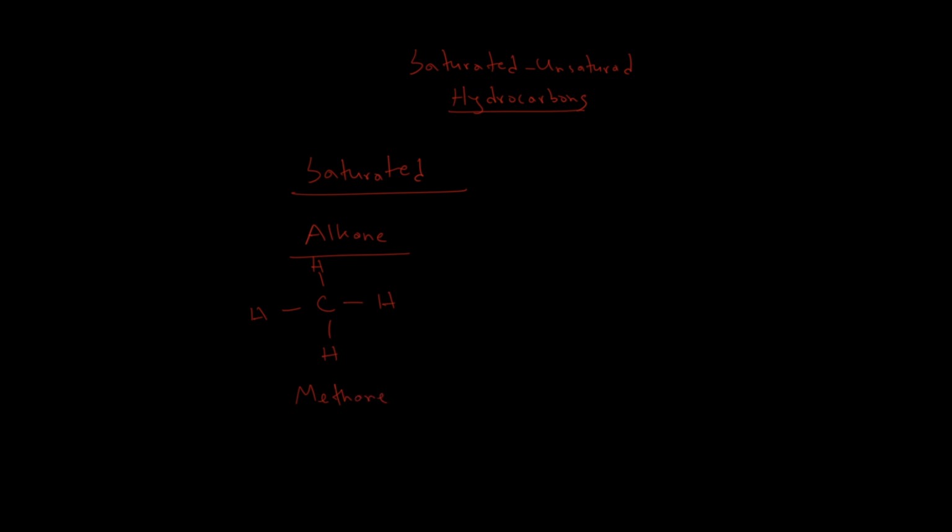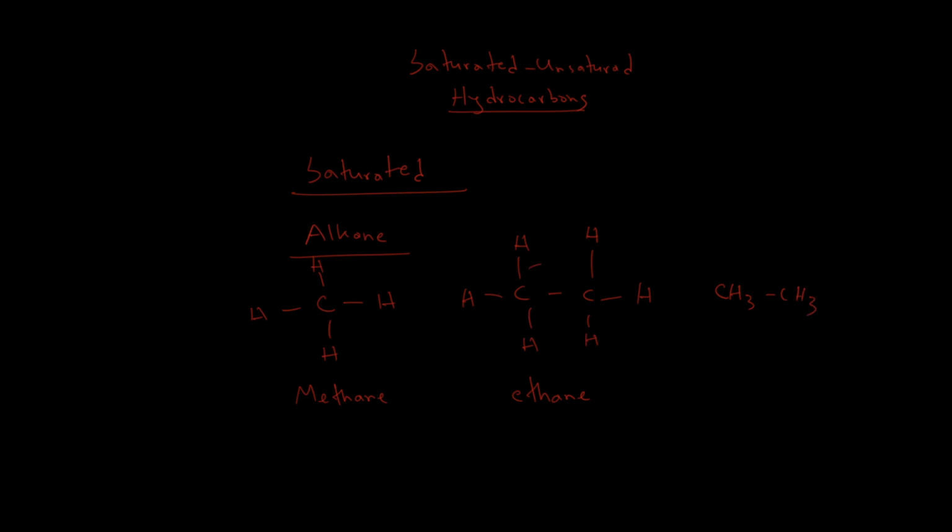It is the first member of the alkanes, and the second one is ethane, the 2 carbon alkane. It looks something like this: CH3, CH3. Ethane can be written like this: CH3, CH3.